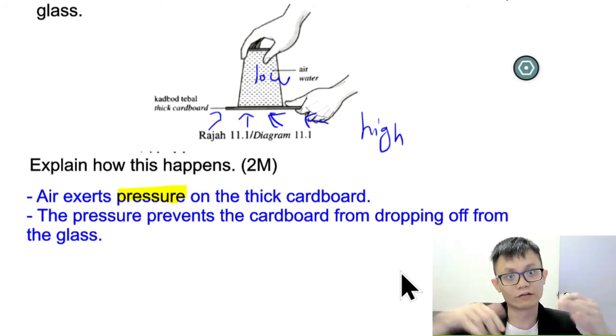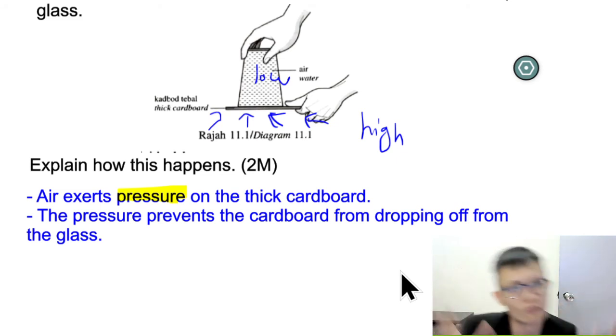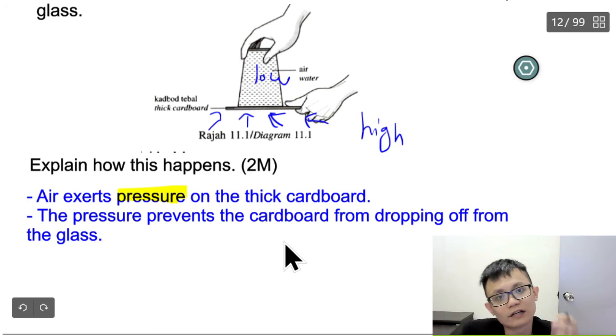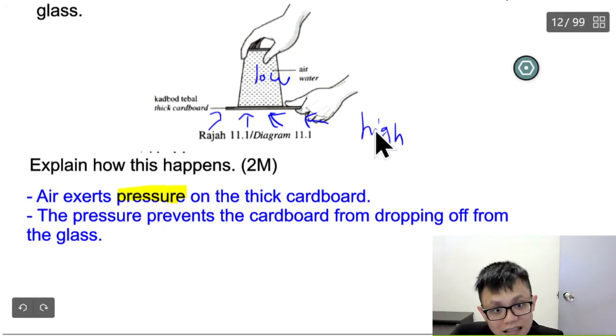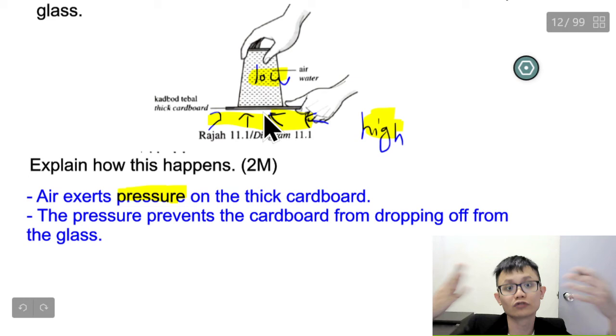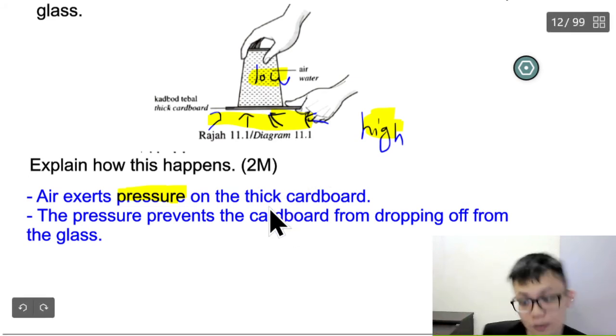It won't fall down. Use your own words, okay? No need to follow whoever's answer. Usually the teacher will just mark the keywords. Just write something like pressure, say something like high and low, say something about the air. So it makes a force to push the cardboard up. Okay, just put the keywords.